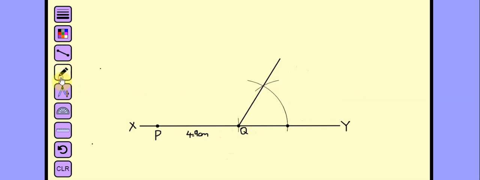Remember, we are actually only interested in the 120 degrees on this side of Q, on the left.